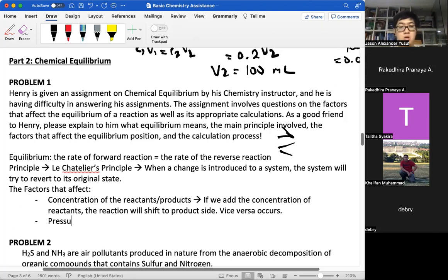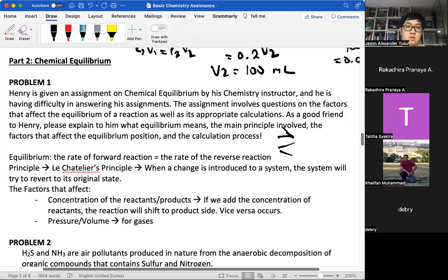Next would be the pressure, and simultaneously the volume. Bear in mind, this is for gases. In order to understand this one, we need to take a look at the reaction, because this type of equilibrium will take place on a case-by-case basis.